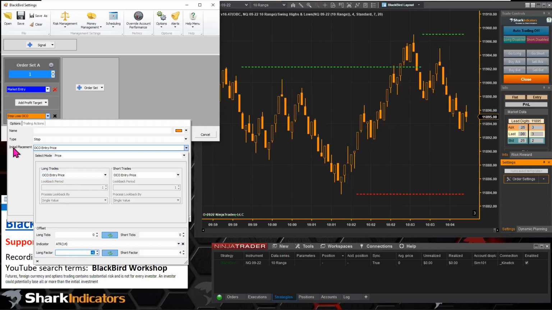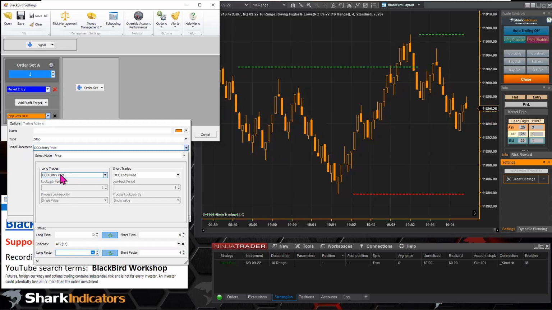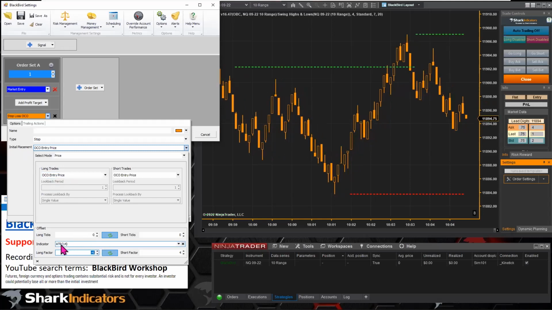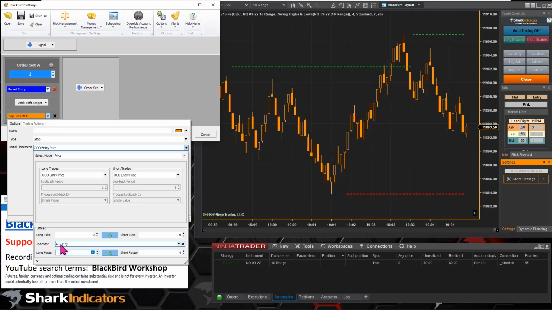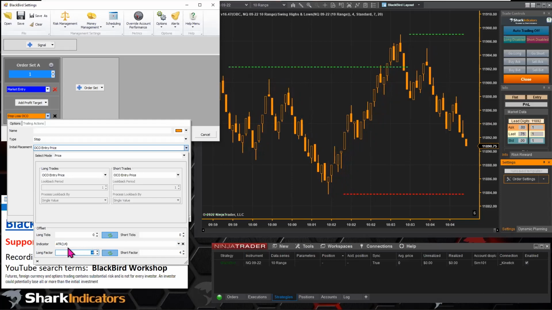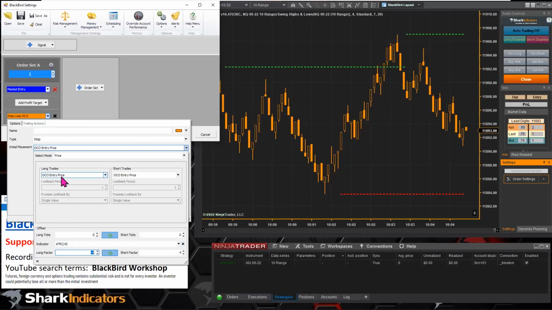So the initial placement is calculated by taking the entry price, and then we calculate what a 4 ATR is, and since it's a negative, it'd be subtracted. The 4 ATR would be subtracted from the entry price, at least for a long trade here.